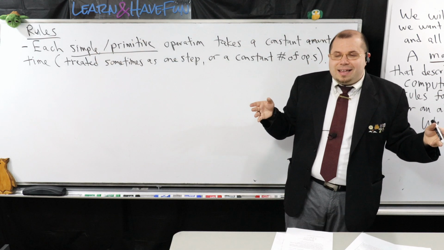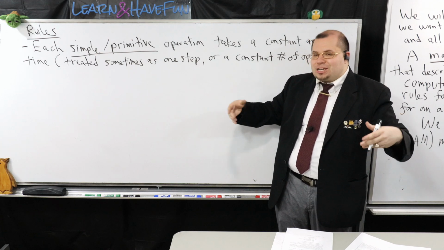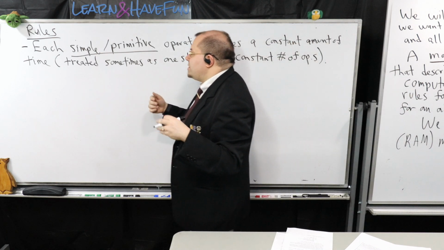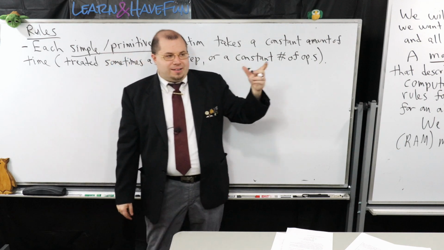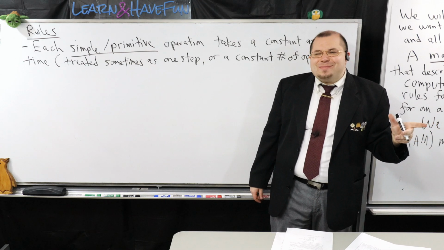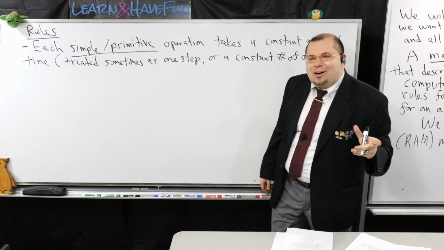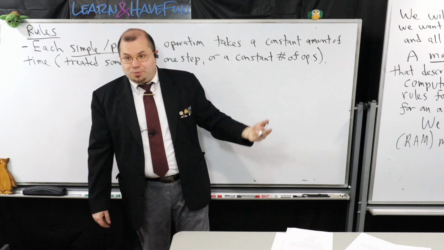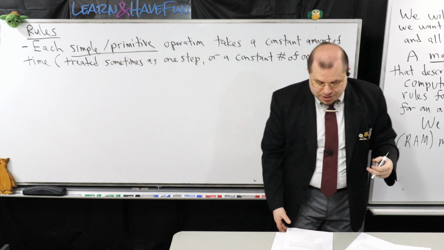In this case, it seems the time depends on the length of the array. But notice that when I do the assignment where I assign i to be the value 0, it doesn't depend at all on the input size, right? We would say that that's a constant number of operations to perform that assignment operation.